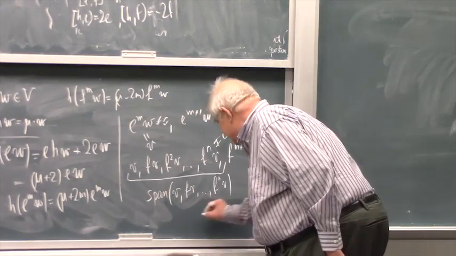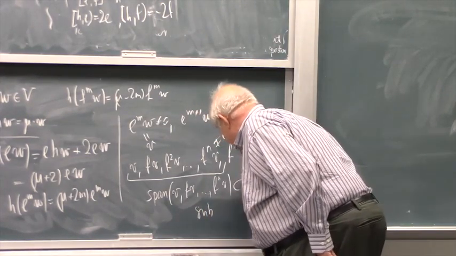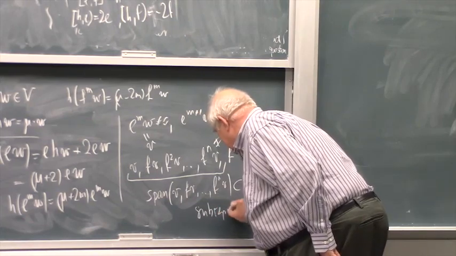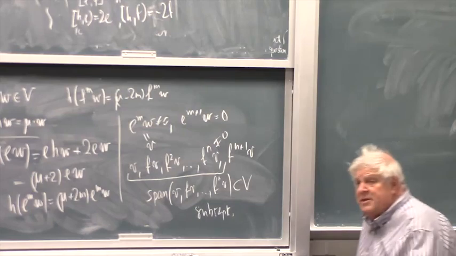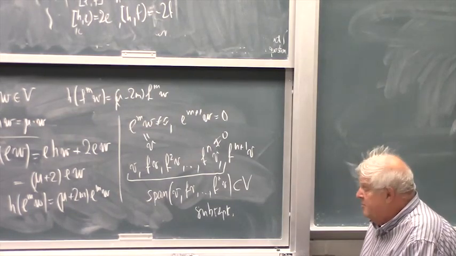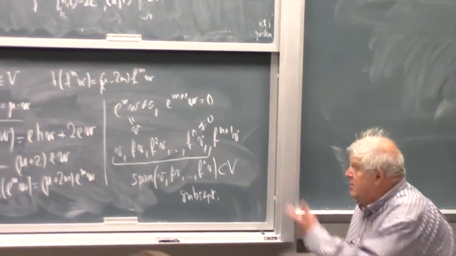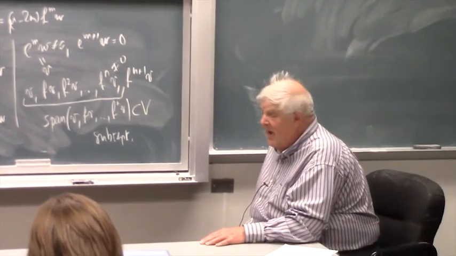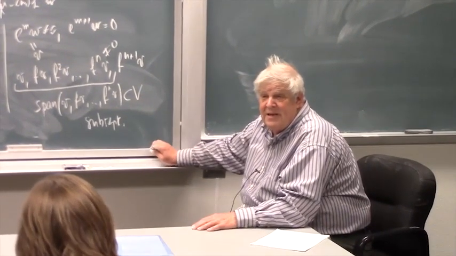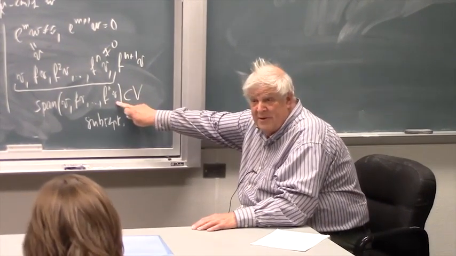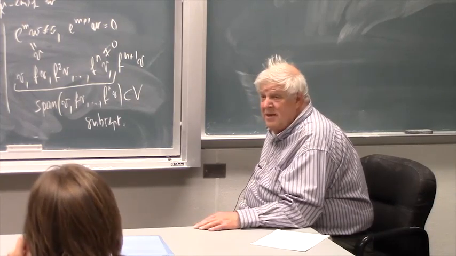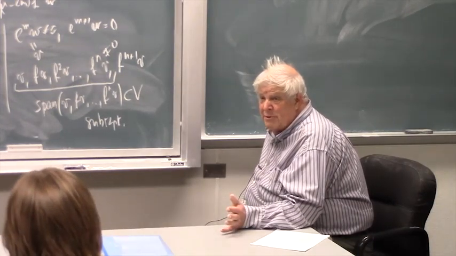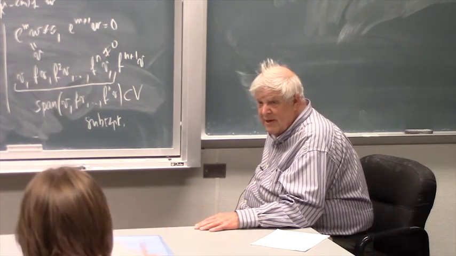And now I say that this is a representation. This costs nothing. This is obvious because if you apply H, you know that they are eigenvectors. F certainly acts in it. F applied to this will be 0, and E also, because for E and F we have the commutator relation, so it's very easy to understand, right?